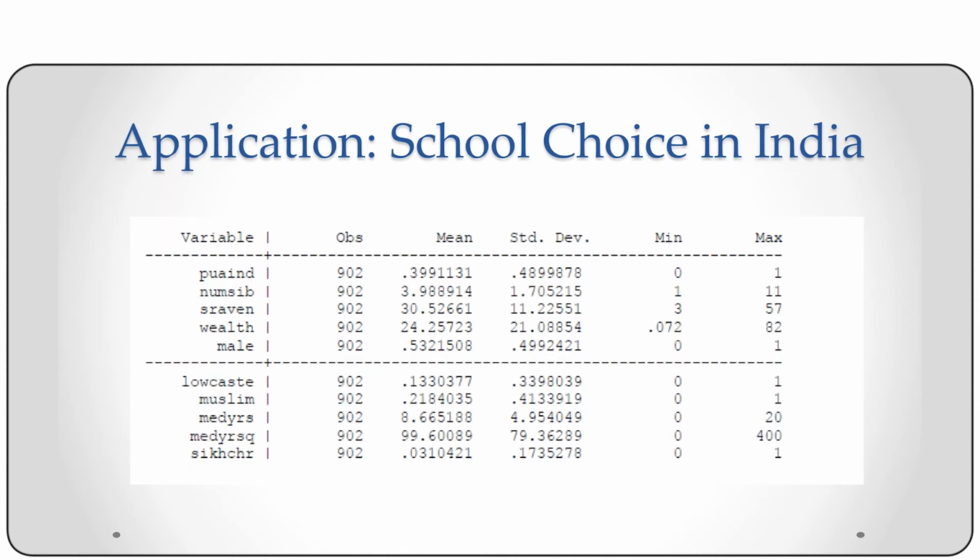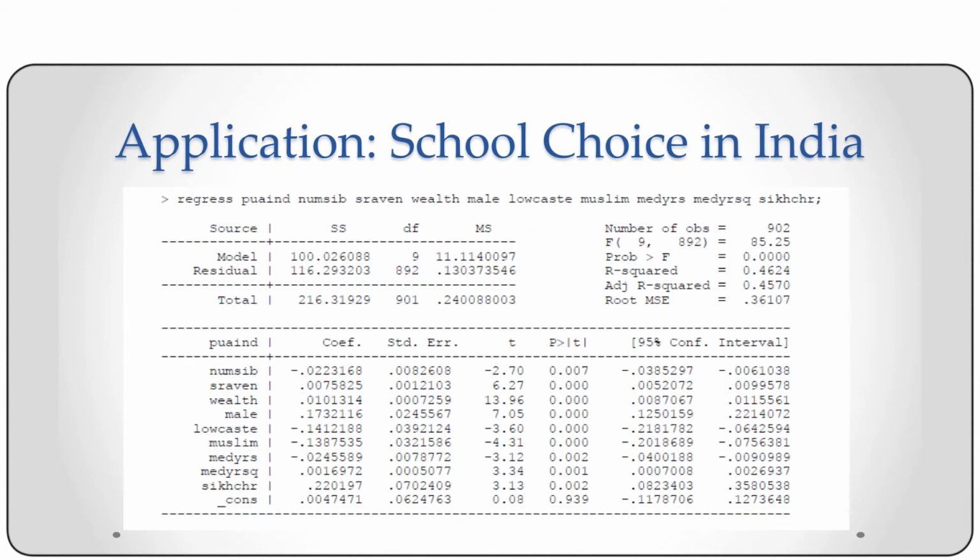This slide shows the outcome as well. So the outcome, which has been called PUAIND, is the chance of whether or not the child goes to a private school.